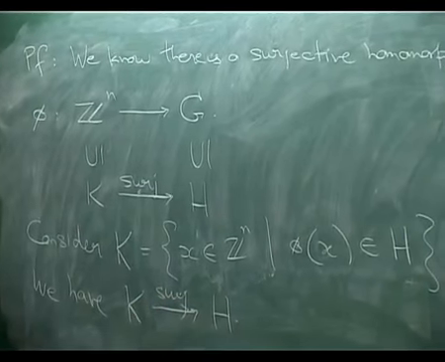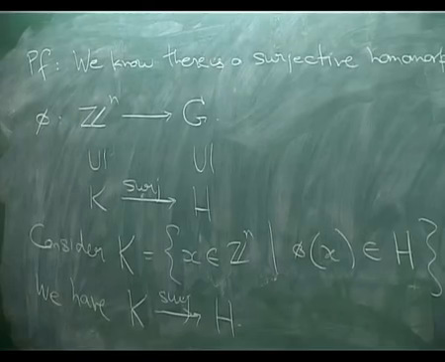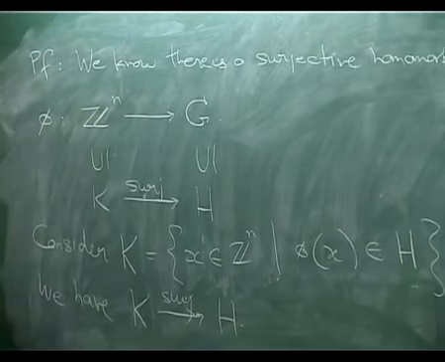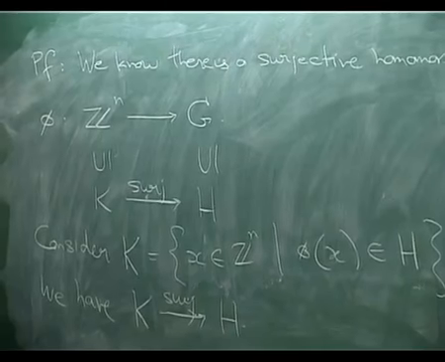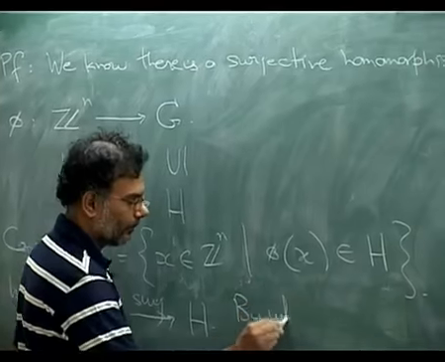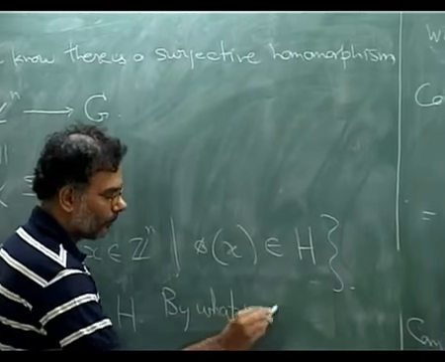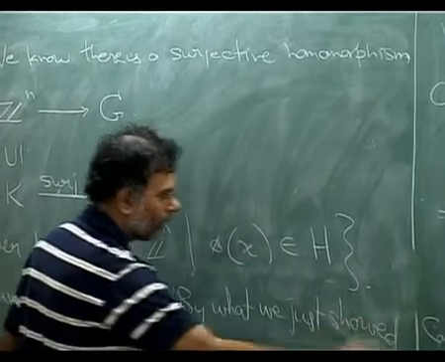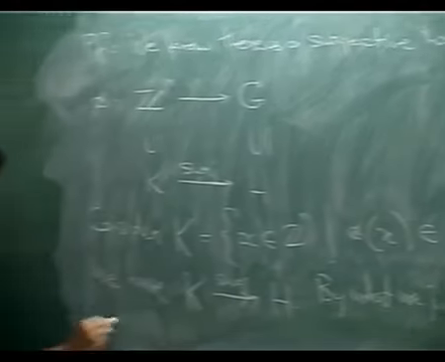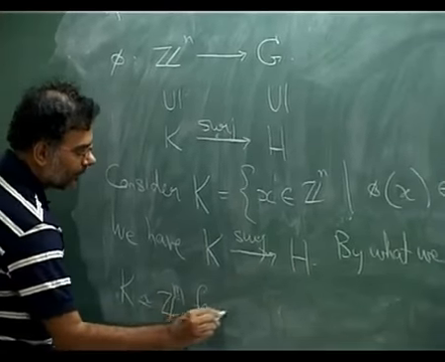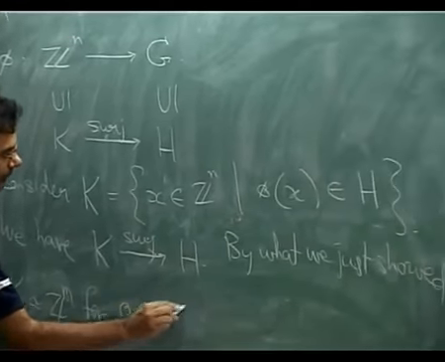But now we use the fact that we know something about subgroups. This is a free abelian group of rank n. So K is also a free abelian group of rank at most n. So by what we just proved, K is isomorphic to Z^m for some m less than or equal to n.